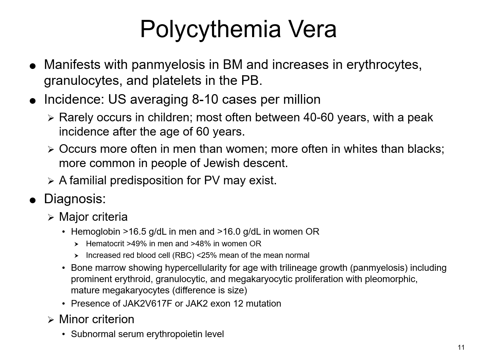It's rarely seen in children, but it's most often seen in individuals that are 40 to 60 years of age, with a peak incidence after age 60. We see it more often in men than women and more commonly in whites than the black population, and it's actually more common in those of Jewish descent.